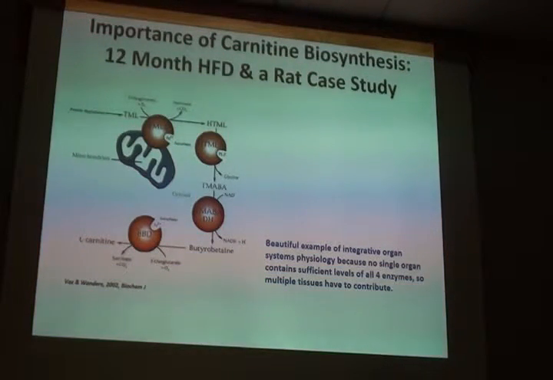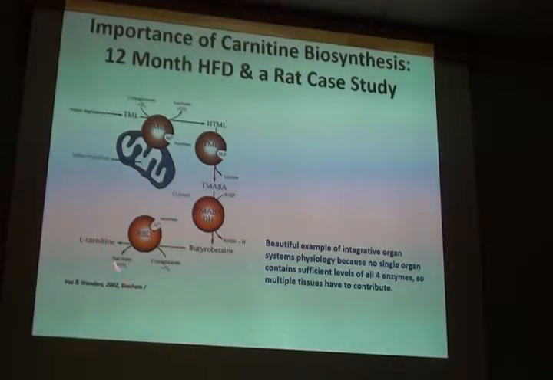So enzymes in skeletal muscle will end up producing HTML that ends up being delivered to the liver, which can produce TMABO, and then some gets delivered to the kidney. As a physiologist, I think this is a really interesting example of how organ systems communicate with each other in order to maintain whole body health.